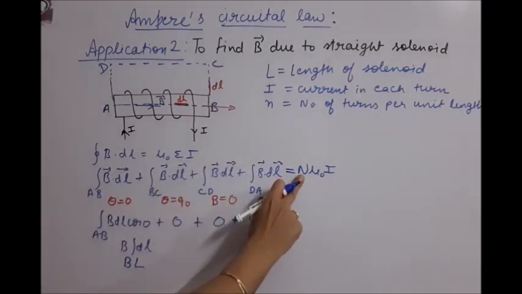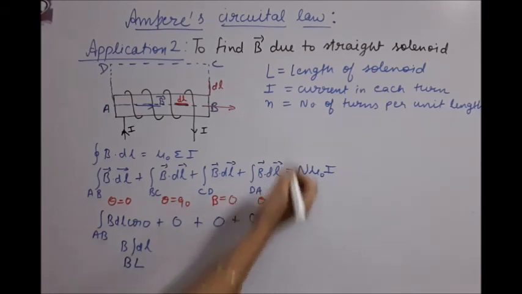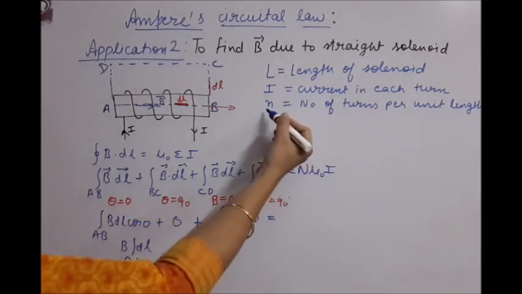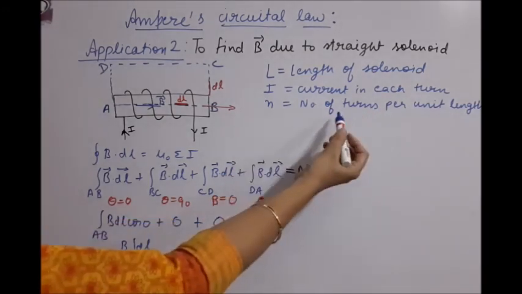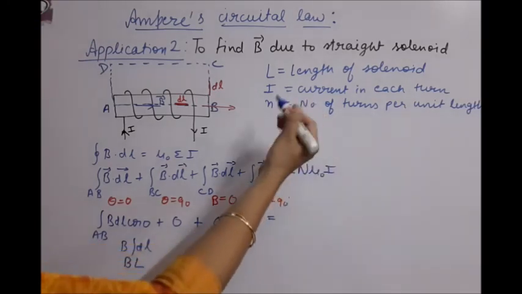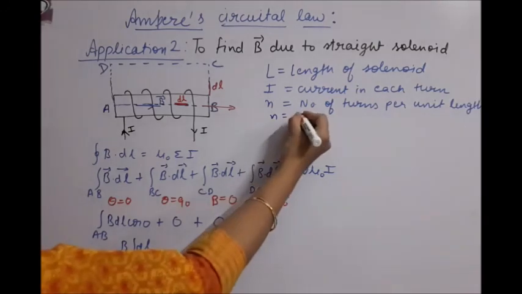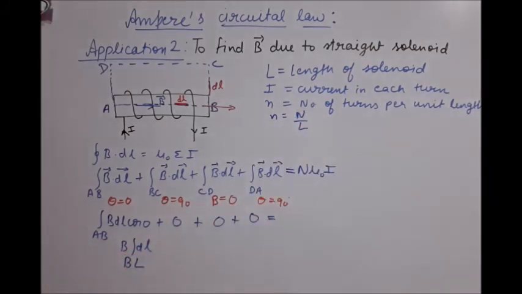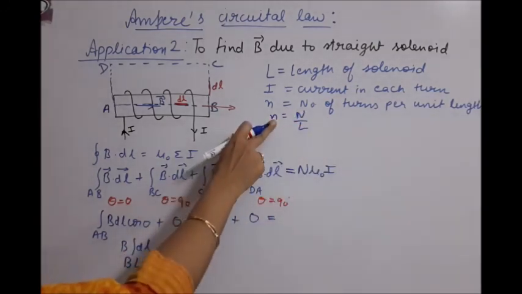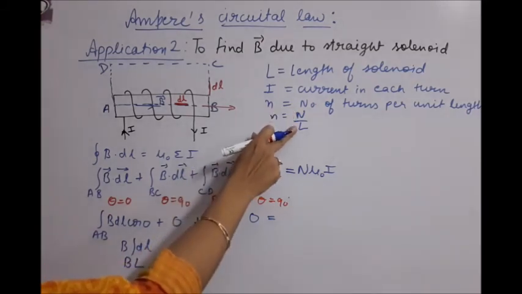Suppose the total number of turns is N, but we are not given total turns, we are given small n. That means the number of turns per unit length is given. Using this formula, number of turns per unit length small n means total turns upon total length.